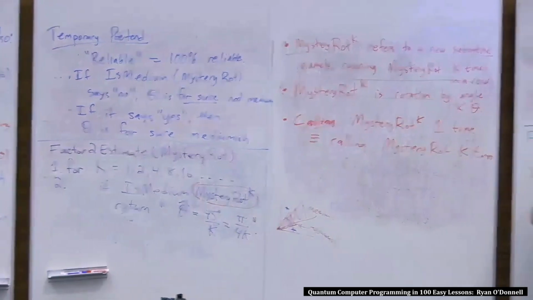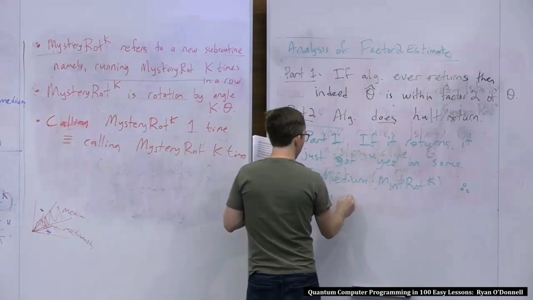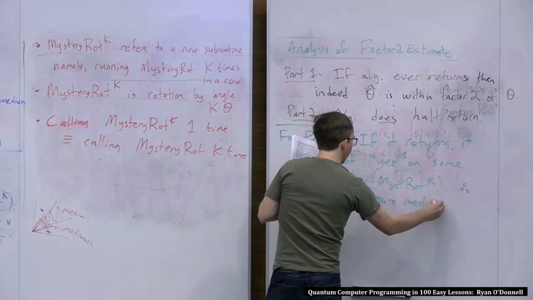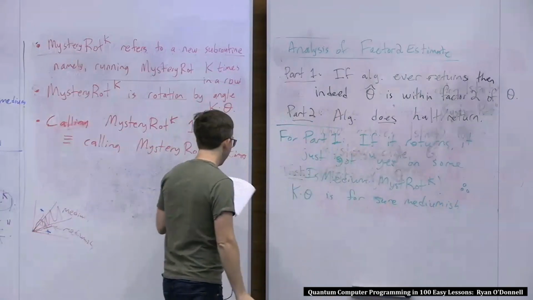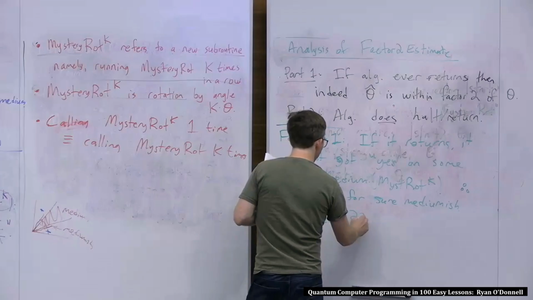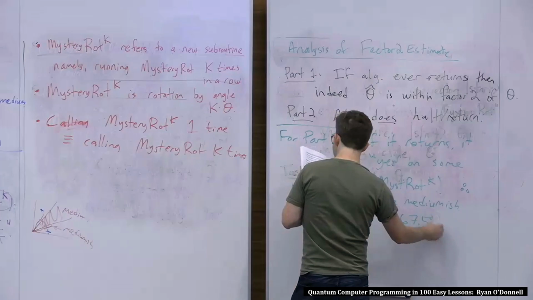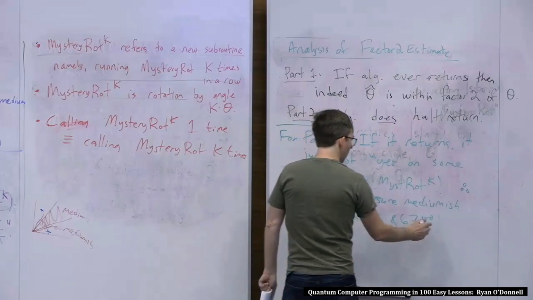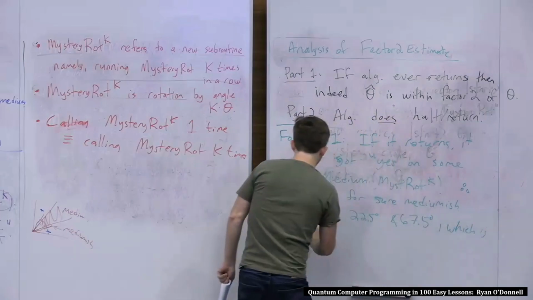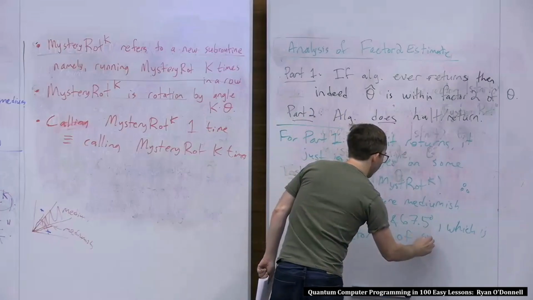So therefore, k times theta, which is the angle of this thing, is for sure medium-ish. That means between 22.5 degrees and 67.5 degrees, and this is within factor 2 of 45 degrees.